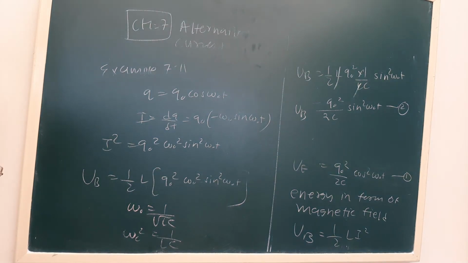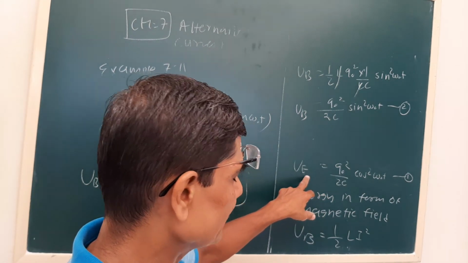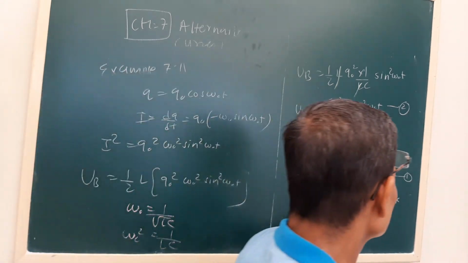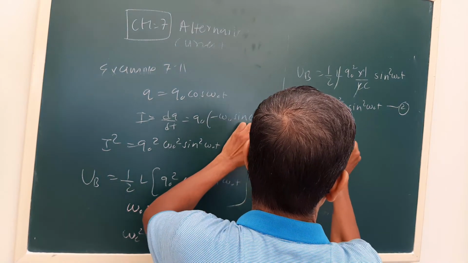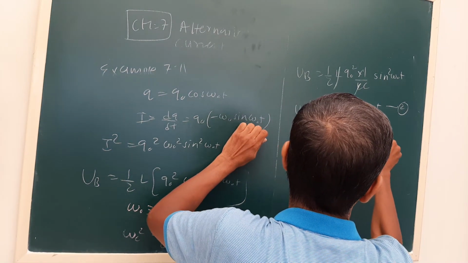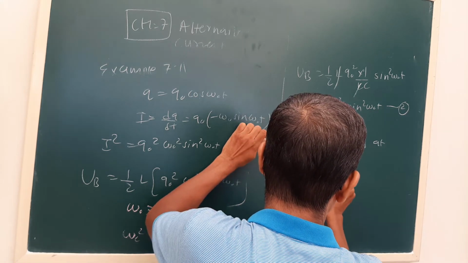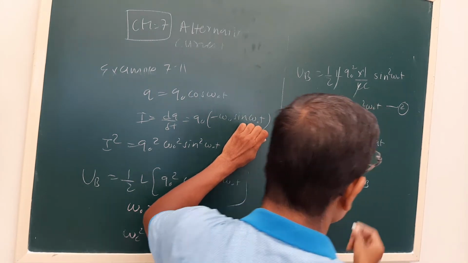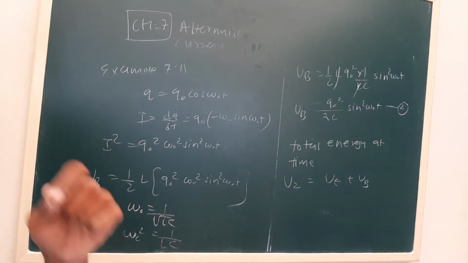Now the total energy at any time will be the sum of the energy of the electric field and magnetic field. So total energy at any time U is UE plus UB. See what we have done? We have calculated energy in the form of electric field, also in the form of magnetic field.